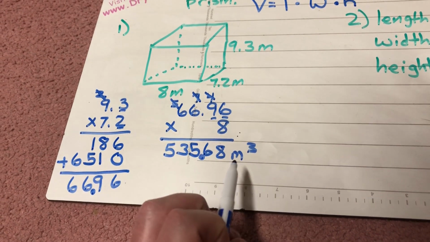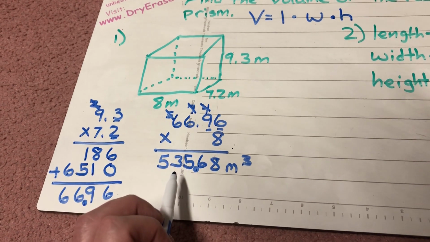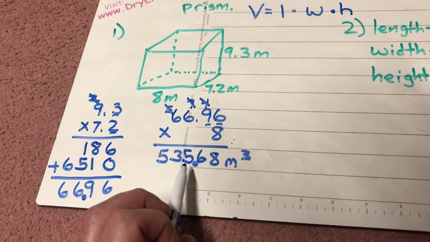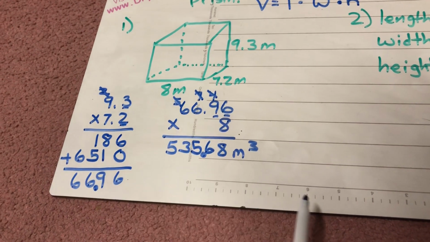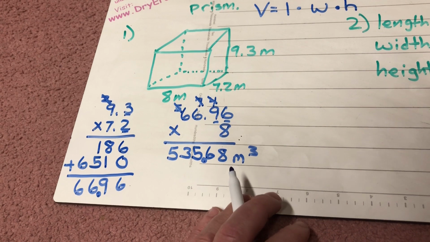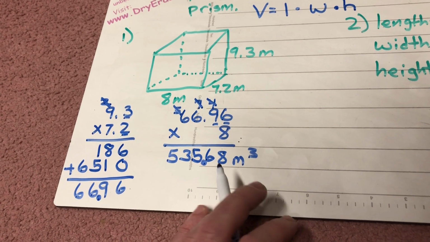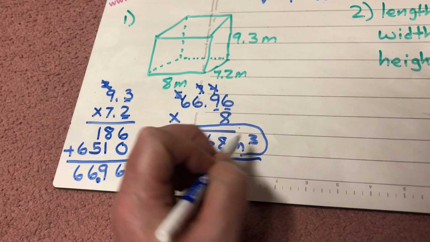It'd be a perfect cube like a Rubik's Cube. Inside of this rectangular prism here, I could fit 535.68 cubes that size. So not quite 536, but a little more than 535. Volume is always in cubic meters.